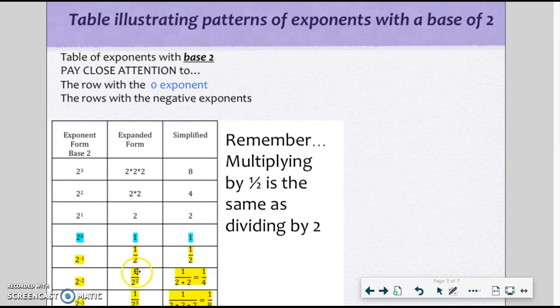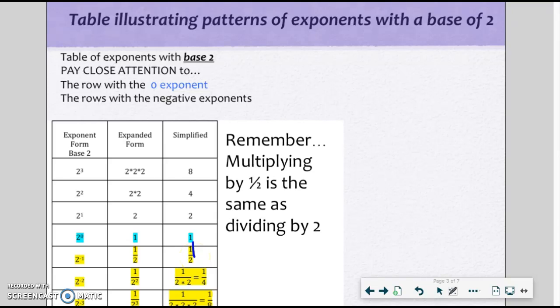So 2 to the negative 2 is just 1 over 2 squared, or 1/2 times 1/2, which is 1/4. So notice these negative exponents do not necessarily mean negative numbers. They just mean that the exponent is going to, in this case, come below the fraction bar.